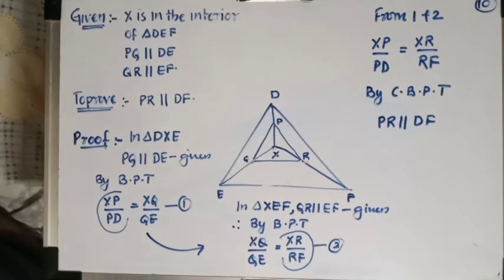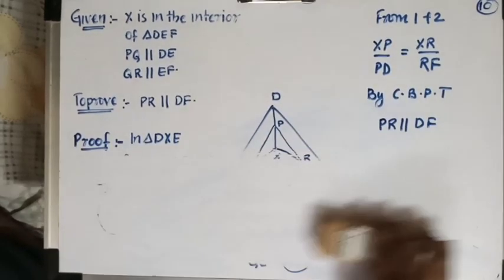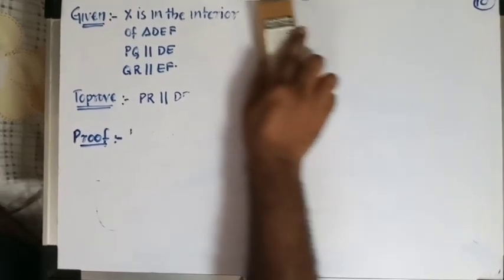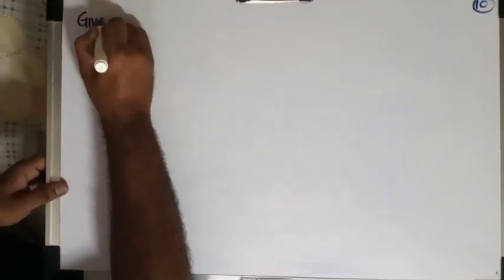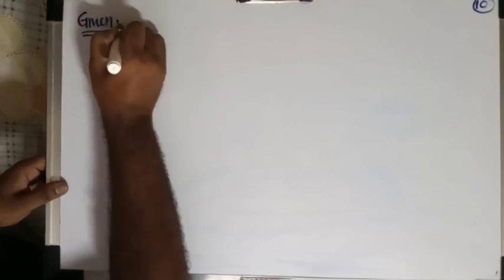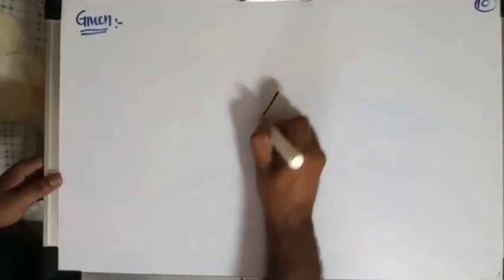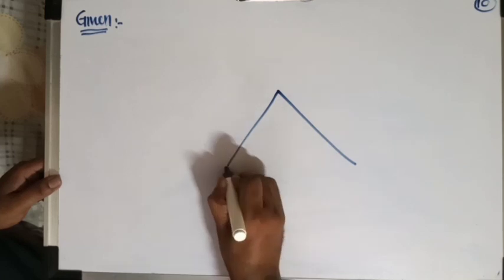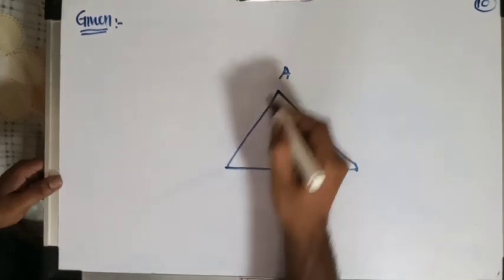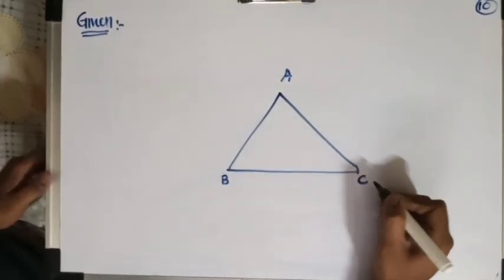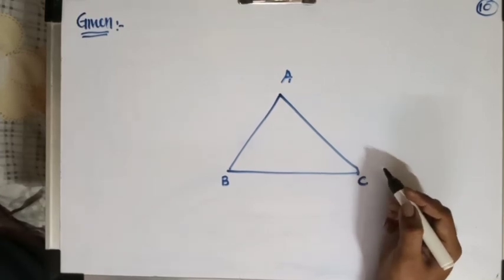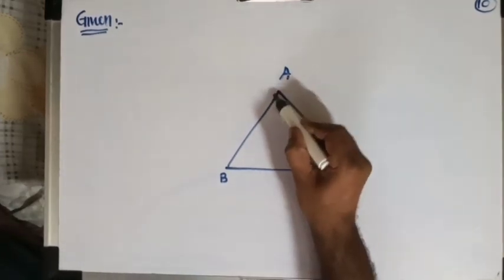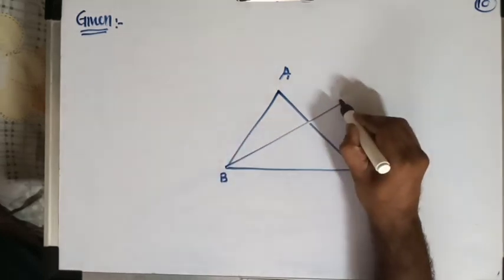Okay. Now we'll be doing sum number 11. So sum number 11, the question says that in triangle ABC, so there is a triangle, and in this triangle ABC, you have been given that BD bisects angle ABC.